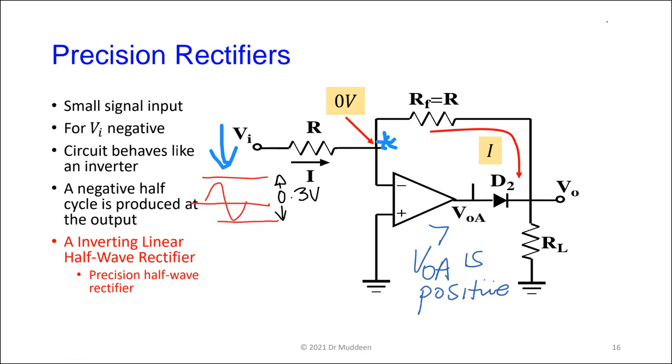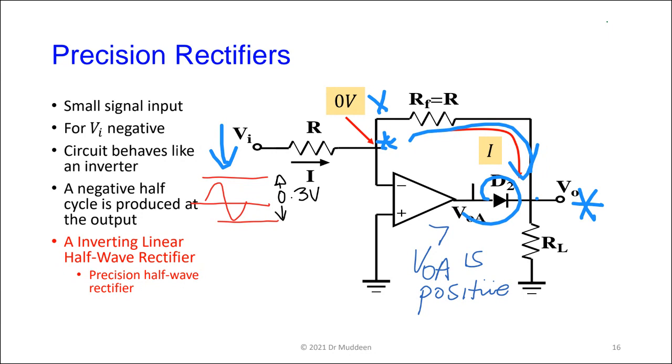All right, so if here is negative now, the current flow through here is going to go this way. Here is keeping this thing positive, so here is positive. So the only way the current flow could go is if this point is negative with respect to that point here. So the output conducts.